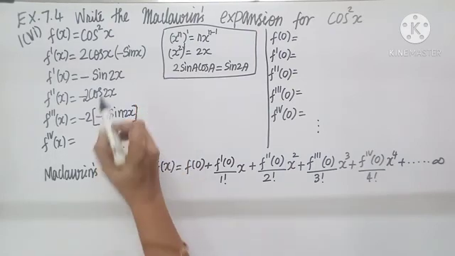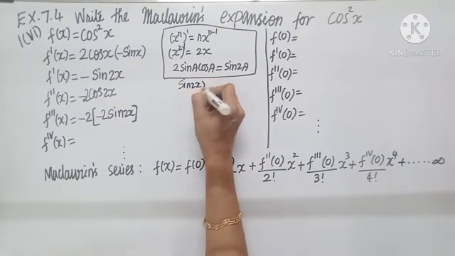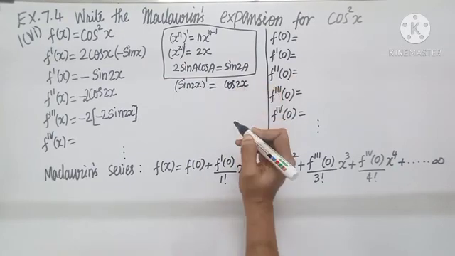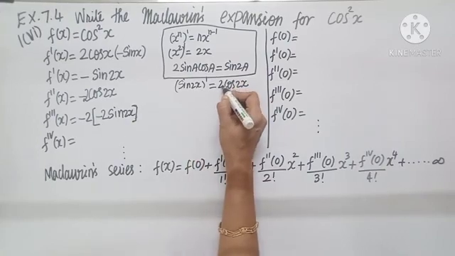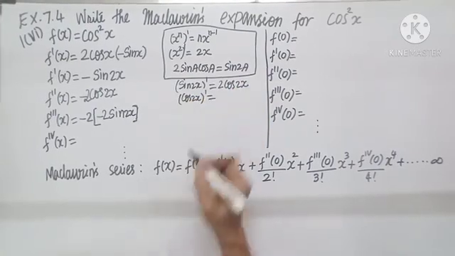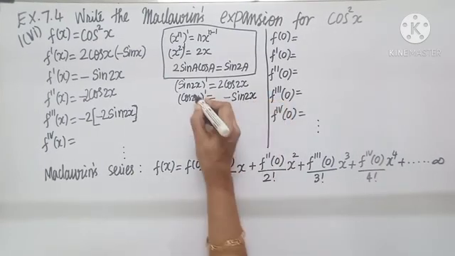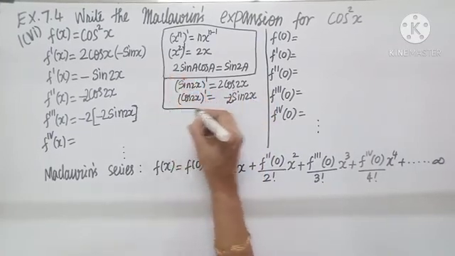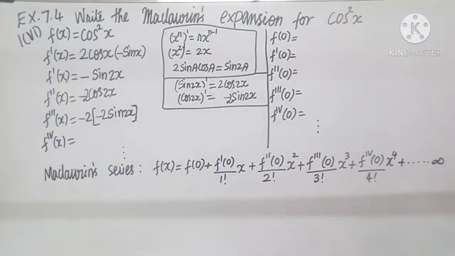Whenever you have 2x in the question, sine 2x, the derivative, sine will become cos 2x dash. So inside, 2x will become 2. Similarly, cos 2x derivative when I do, cos will become minus sine 2x. 2x is coming, so that will become 2. So remember these simple formulas to apply in these exercises.